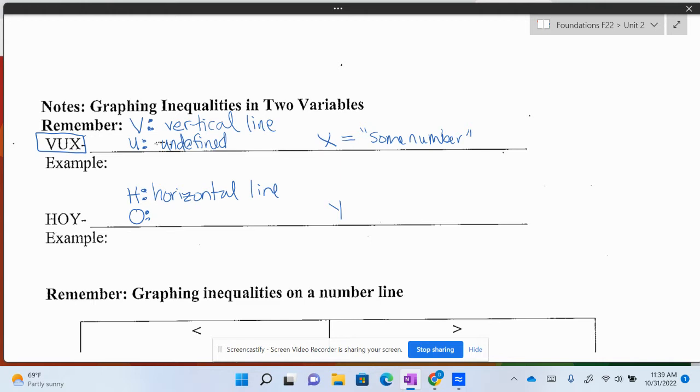Do horizontal lines ever rise? They never rise. So that means their slope is what? 0. So that O is not really an O, it's a 0. That's referring to my slope. Slope is 0. And I'm going to write slope up here as well. And the equation to a horizontal line is y equals some number.